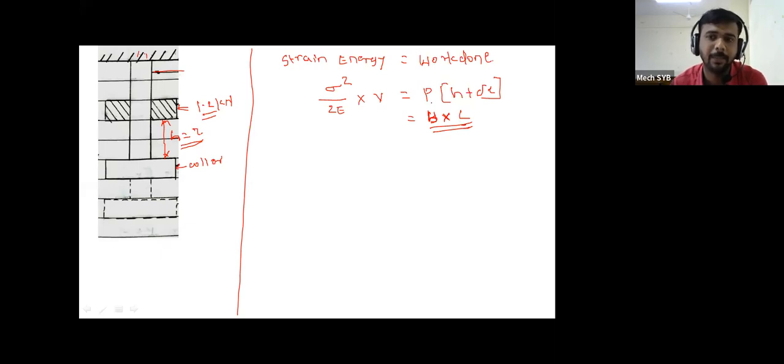So this is the formula we have to use when we calculate this particular height.